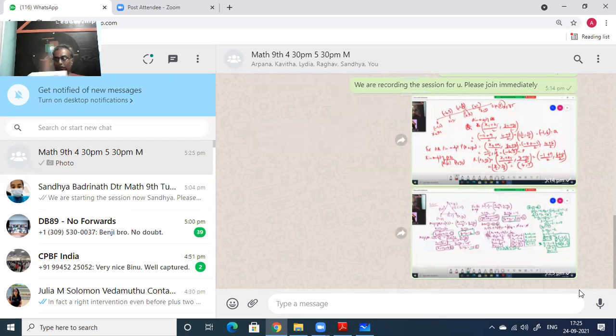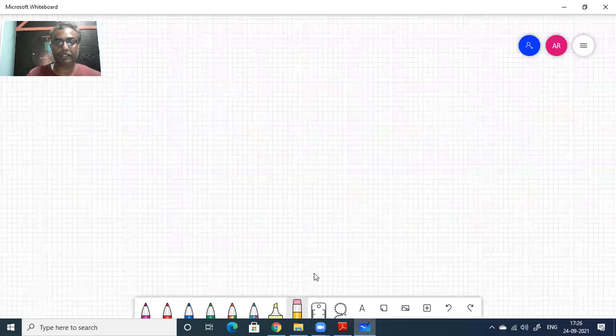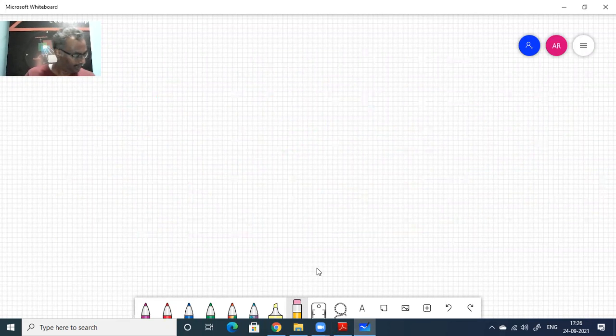Now let us go and do some exercises from 5.3. These are very interesting exercises. Find the midpoints of the line segment joining the points -2, 3 and -6, -5. This is a mental sum.